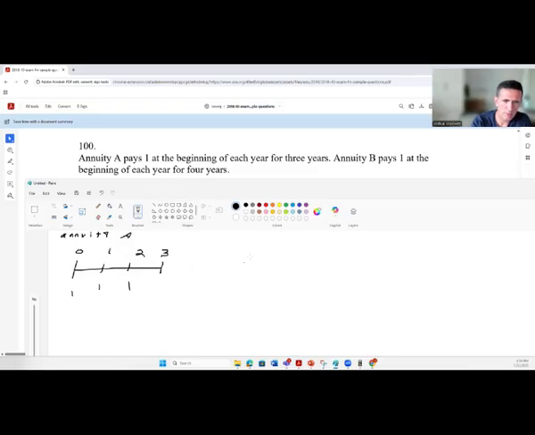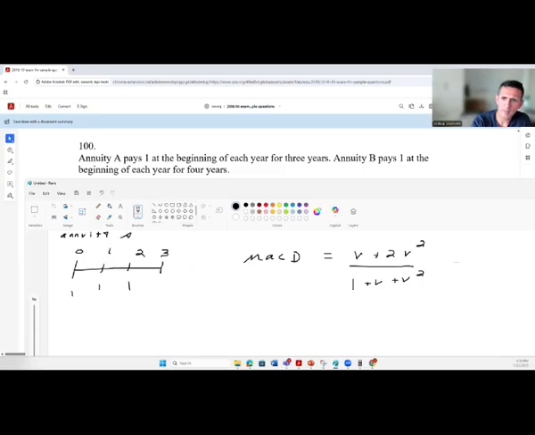So plop into the formula. Remember, we start at t equals 1. So it's going to be v plus 2v squared, and then the present value of this time diagram here is 1 plus v plus v squared.